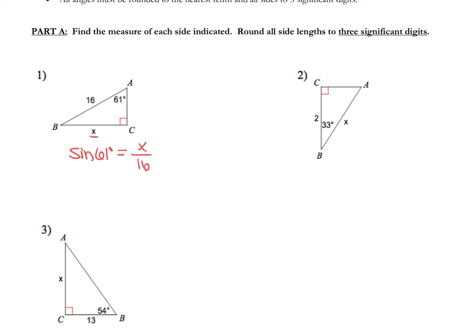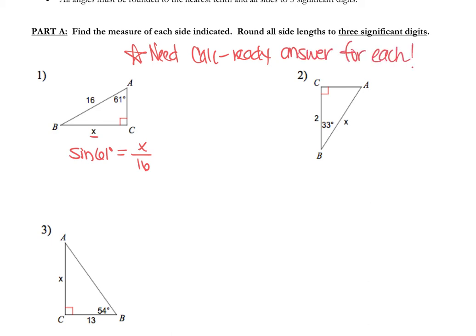Now before you go ahead and plug anything into your calculator, we need a calculator ready answer for x. So here, calculator ready means I'm going to isolate x all the way before I touch my calculator.